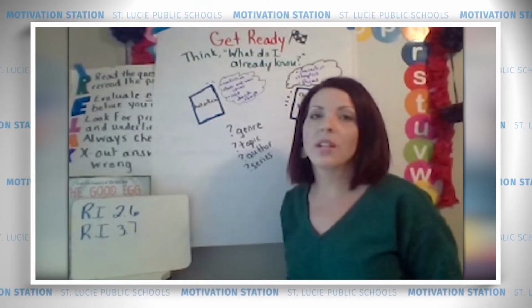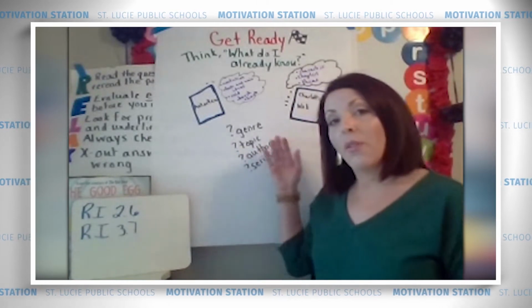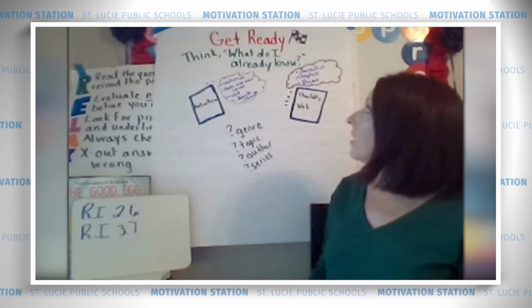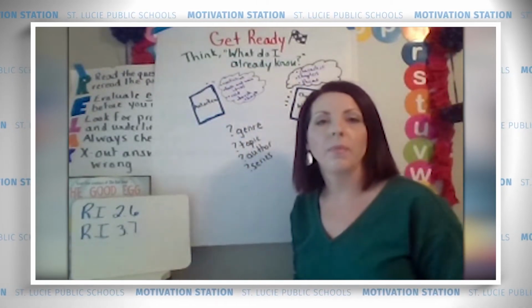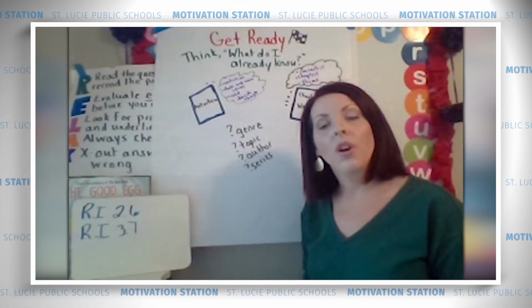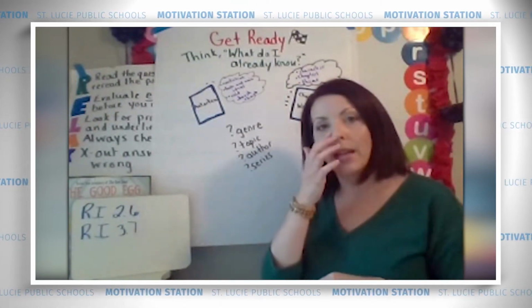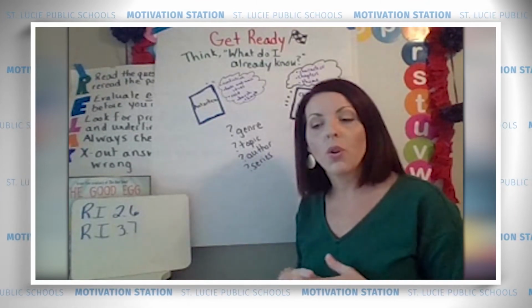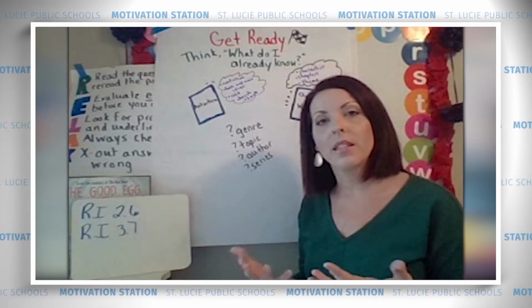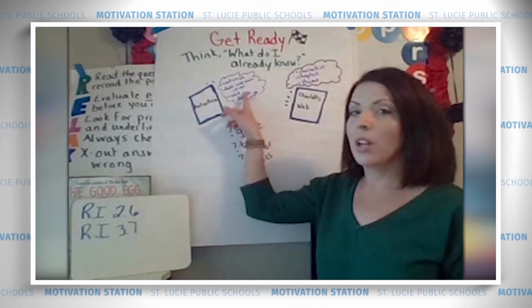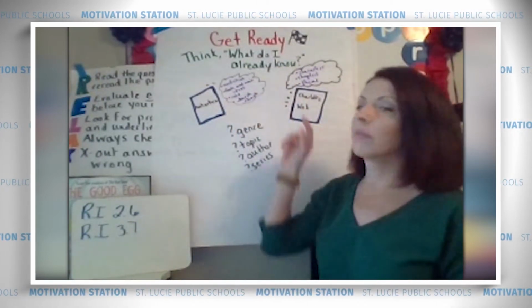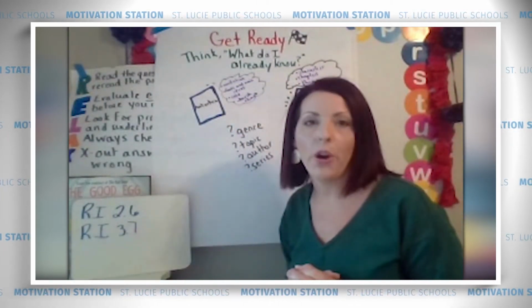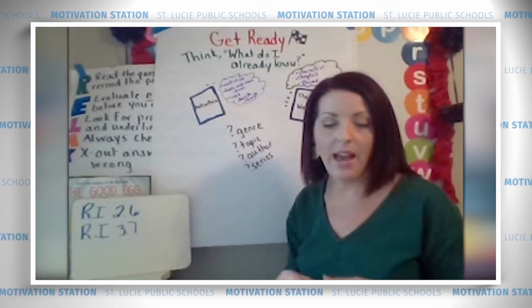So boys and girls, I have for you today an anchor chart that says get ready, because we want to make sure with whatever text we're reading that we get ready to read that text. So when we're looking at that text, we want to think about, what do I already know about that text?